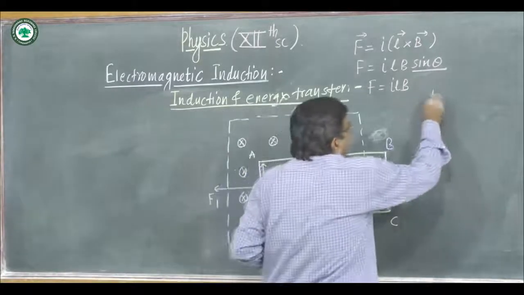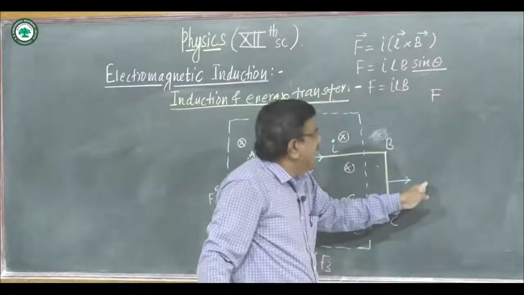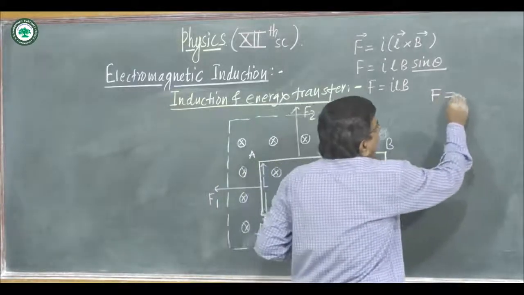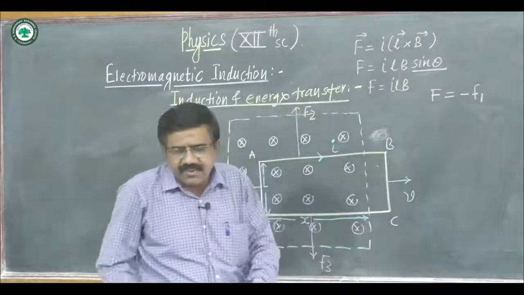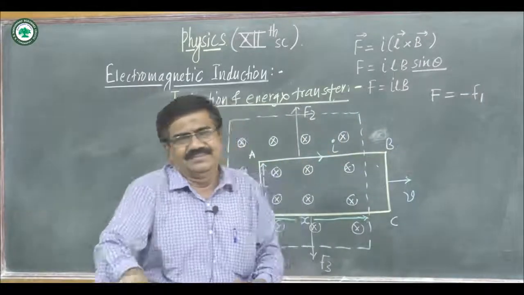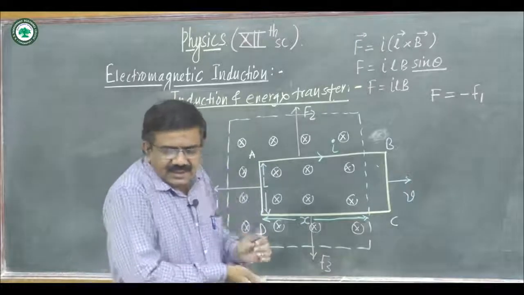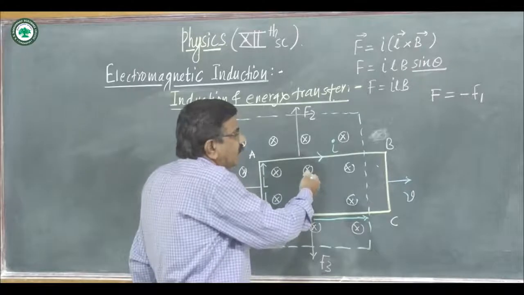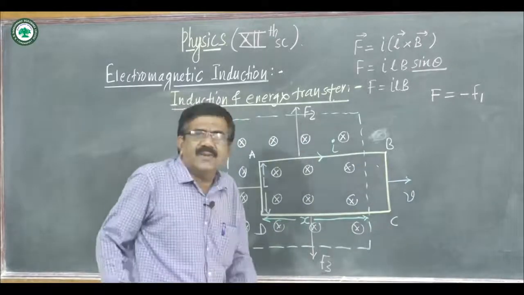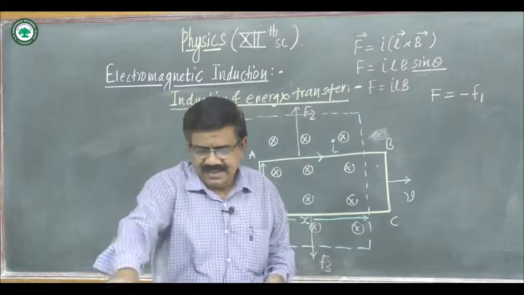So this F which we have to apply is equal to minus F1, so that the loop moves with constant velocity towards the right. F is equal to minus F1.